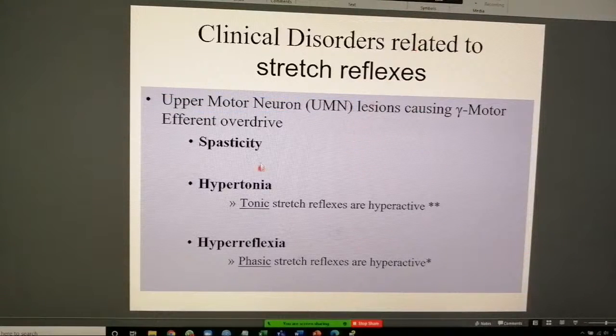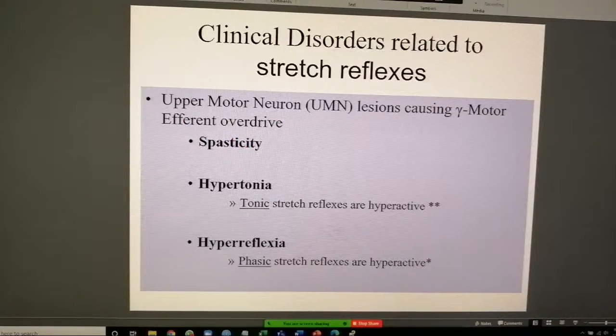This is a word that you will come across very frequently in neurophysiology, neuroanatomy, and later on, inshallah, in medicine and in neurology. The word is spasticity. Spasticity is a very key feature of upper motor neuron lesion. It comes from the word spasm.